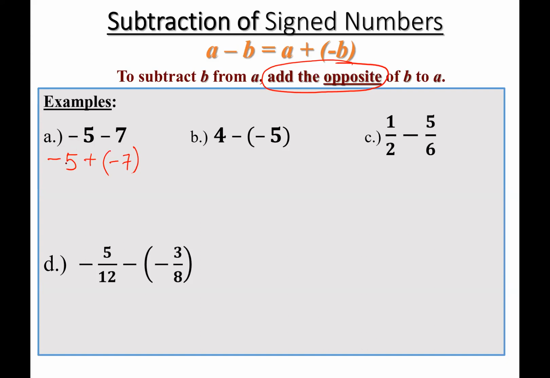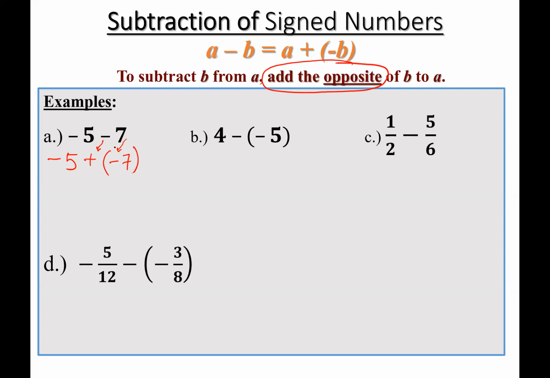We're keeping the first number, that's kind of like A. We're changing subtraction to addition, but then we're also taking the opposite of the second number. That's what add the opposite means. It's kind of like keep, change, flip, where you're multiplying by the reciprocal with fractions. This is adding the opposite. So you're changing an operation and then you're taking the opposite of your second number.